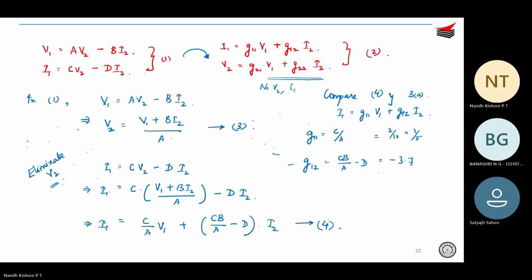Okay. Did you understand this? It's a bit of math, some playing around with it. But the point is, you identify what parameter is not there in the final expression. See, on the right hand side, there is no V2, there is no I1. So you eliminate V2 and I1.